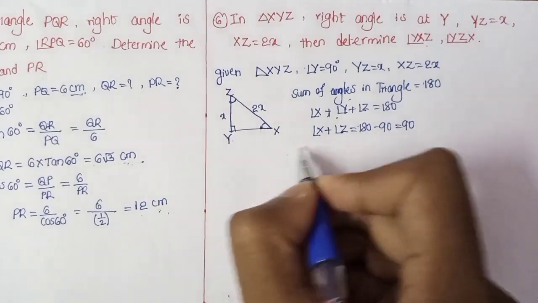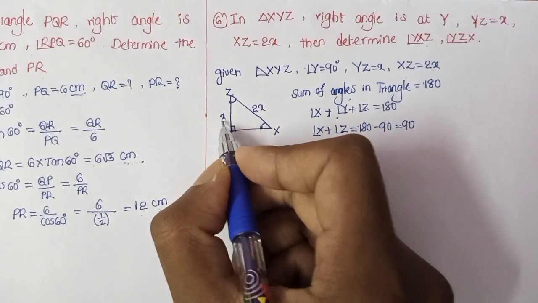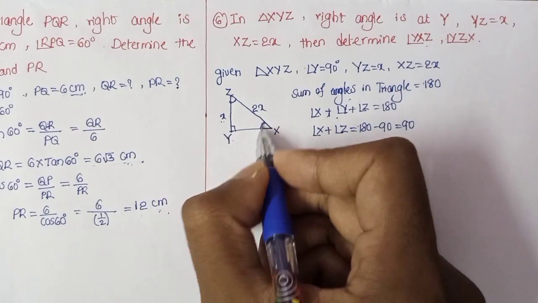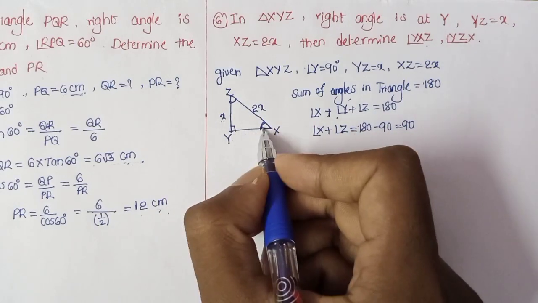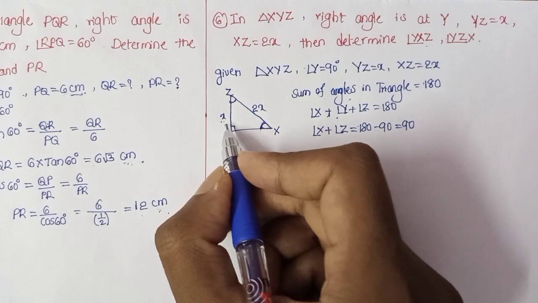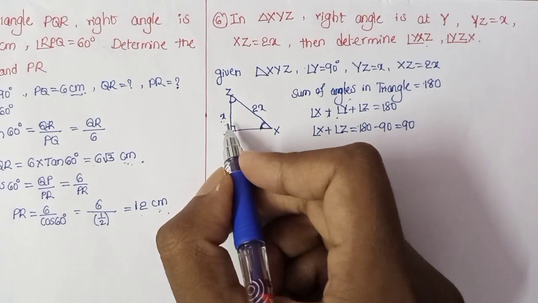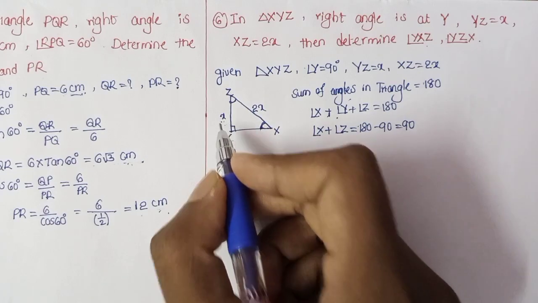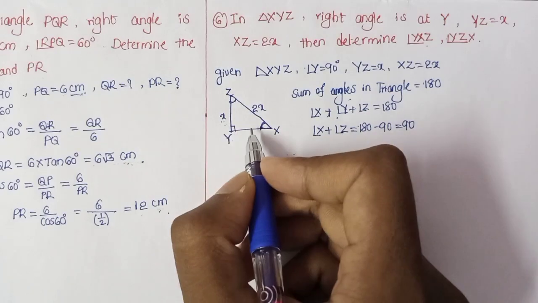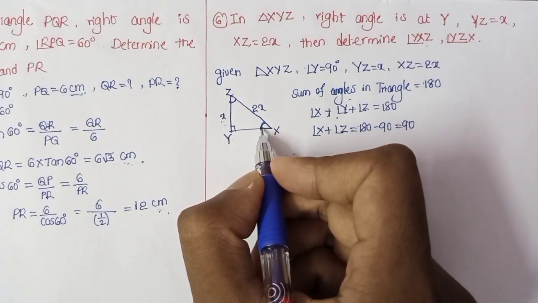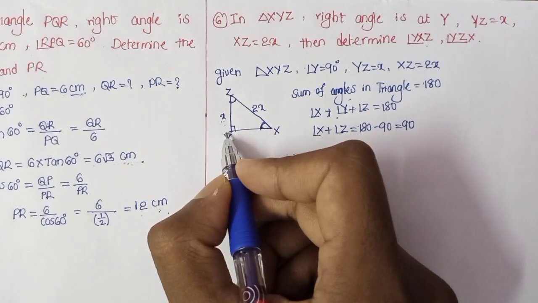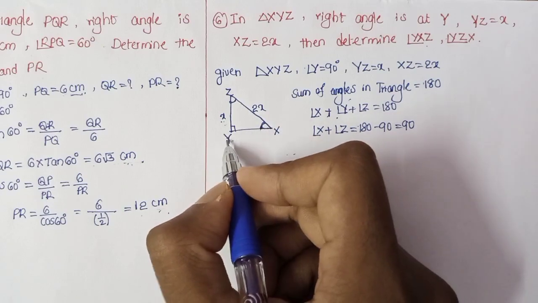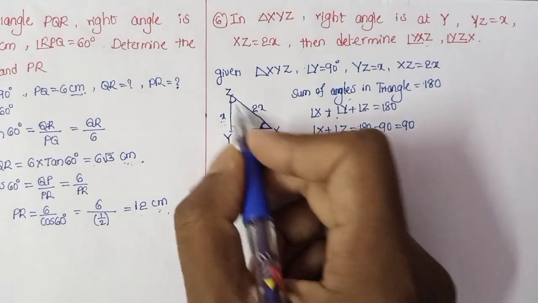To find angle X, do we have any relationship between these two sides with respect to this angle? Yes. What do we have? The sine relationship and the cosec relationship. Let us take sine first. Why sine? Sine x means opposite side by hypotenuse. The opposite side is YZ, the hypotenuse is XZ.